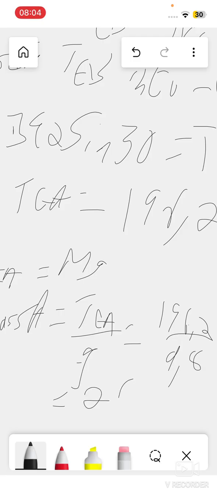Therefore, let's calculate: our mass of A is 20 kg.